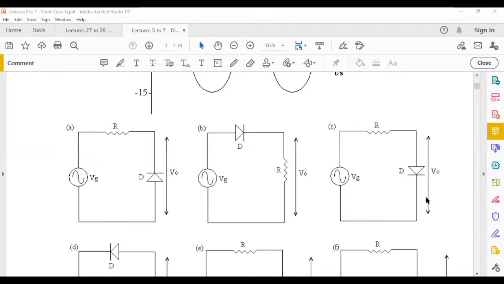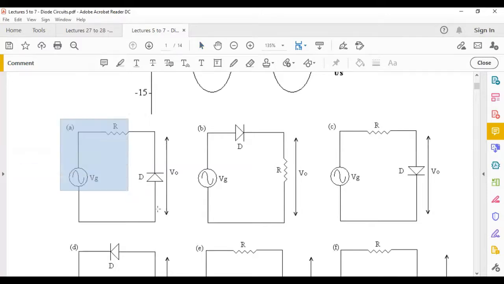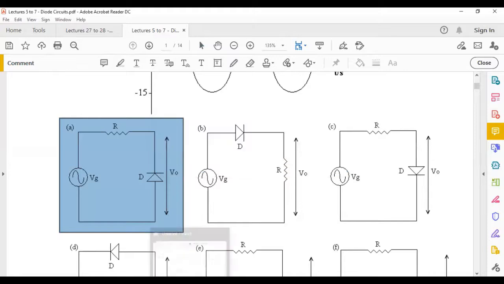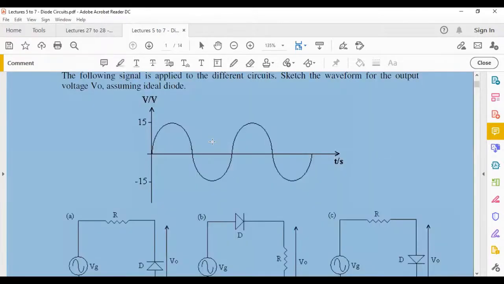I'm going to again shift to Paint to just explain that again. One second, I'm just copying the waveforms to Paint so that we can discuss.